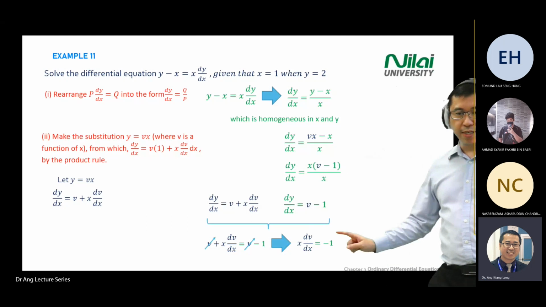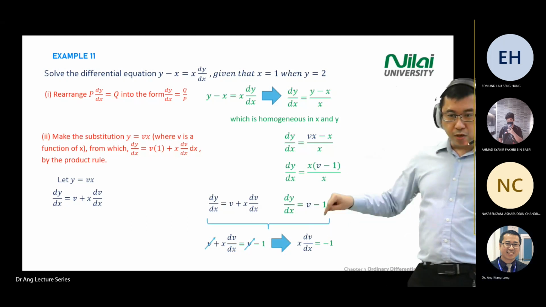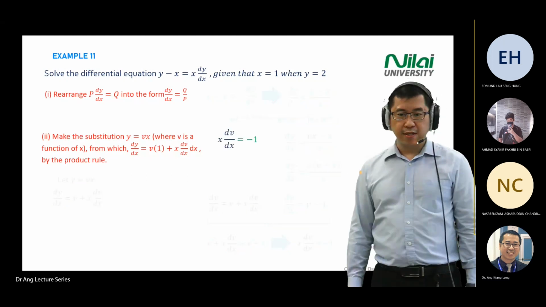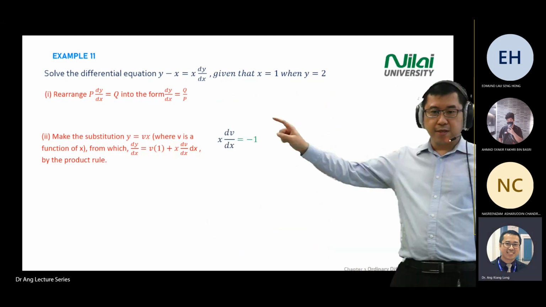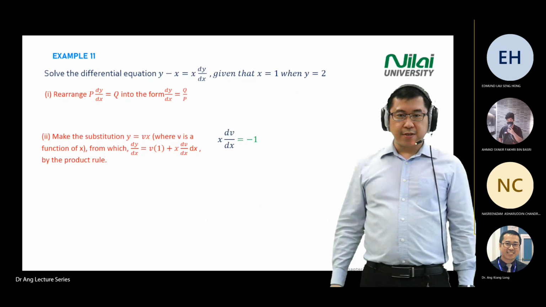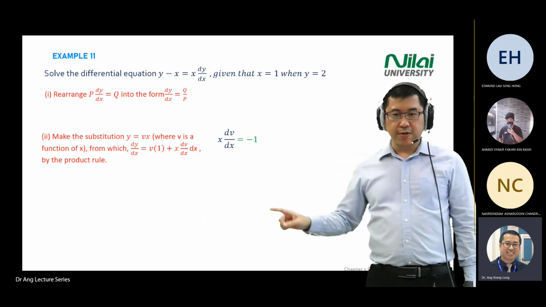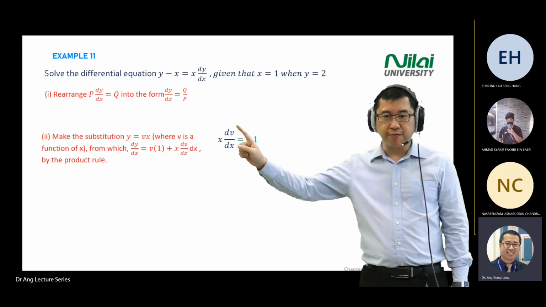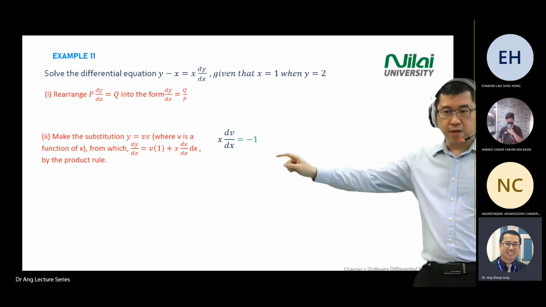In this case, it's minus 1. Again, don't forget the negative sign. Okay, we have cleared the first step. We have cleared the second step, where our purpose is to get x dv/dx equal to minus 1.